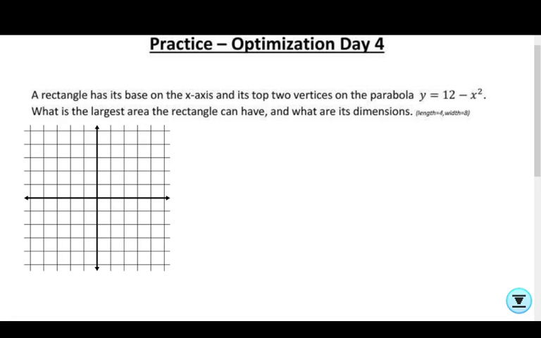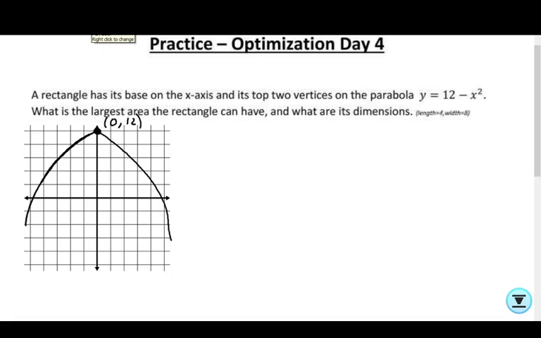Okay, so first you got to deal with that parabola. The parabola itself is the quadratic that's been reflected, so it opens down and shifted up 12. So the vertex is right here at (0, 12), and it opens down like this. Okay, now I didn't graph it exactly the way it should look, because I wanted to have enough room to draw my rectangle.